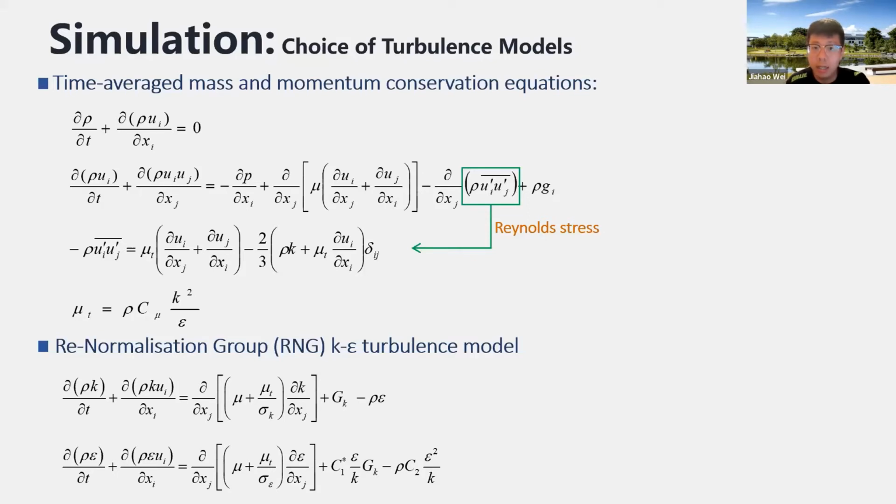In this study, the RNG k-epsilon model is selected as the turbulence model because compared with the standard model, the RNG model considers the influence of vortex on turbulence, which improves the accuracy of vortex flow.